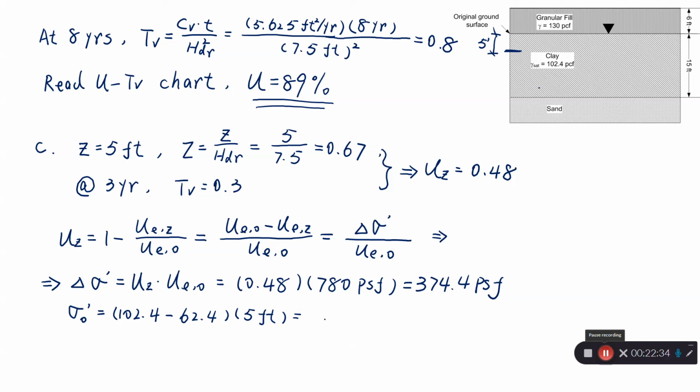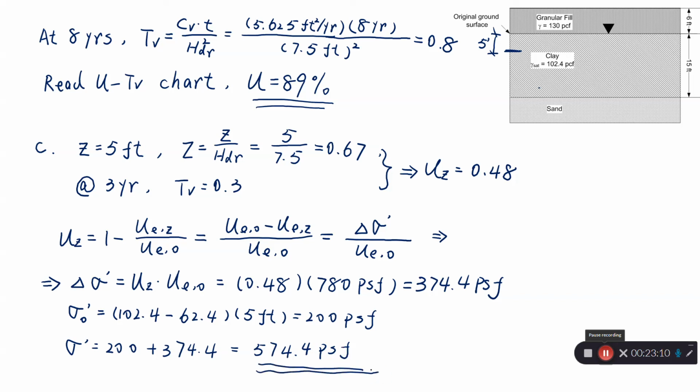So it equals 200. Simple enough. So that is the initial effective stress at 5 feet right before the fill is placed, and after the fill is placed and after 3 years, the effective stress is going to increase to 200 plus 374.4 equals 574.4 PSF. Okay. So that's maybe an easier way to do it.